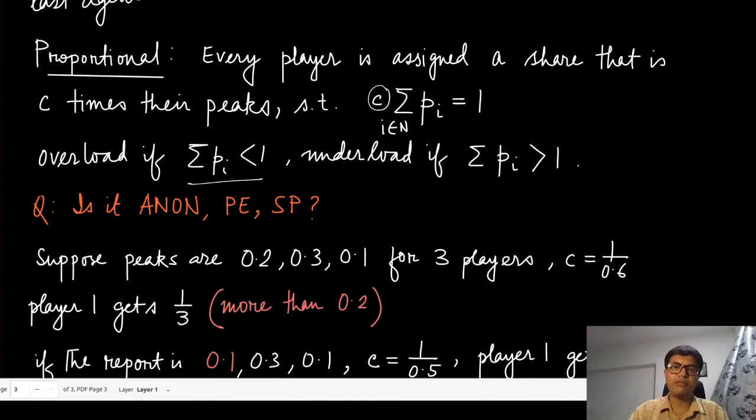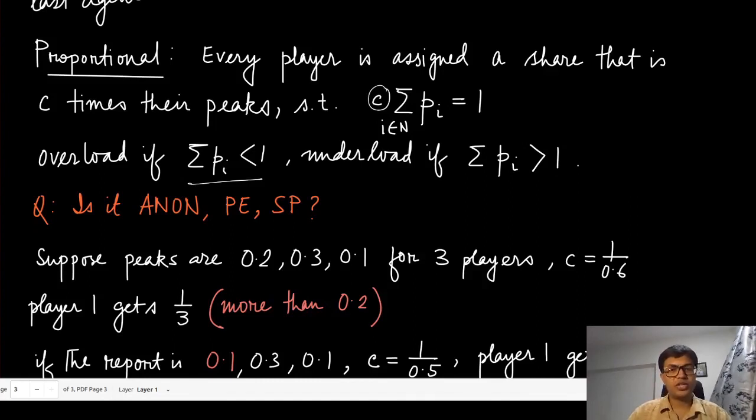It will go to those permuted agents in the same share. It is also Pareto efficient because everybody is either getting underloaded or overloaded in the same way. So any Pareto efficient allocation is either giving more share for all the agents or less share for all the agents. There is nothing like someone getting more and someone getting less, so that you can readjust and make everybody better off. That is not possible, so this is also Pareto efficient.